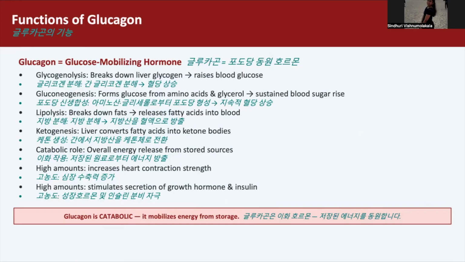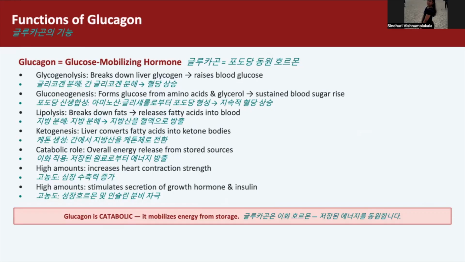But in gluconeogenesis, it's a slow, regulated and steady formation of glucose from lactate, pyruvate, glycerol, amino acids. So it is a slow but sustained blood sugar rise. It can last for hours and days.